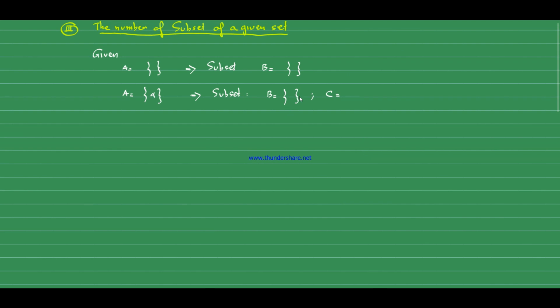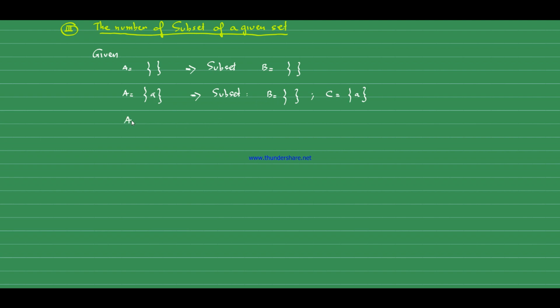We already know that. So we can create another subset which is itself. So you see that if we have the empty set, then we have one subset. If we have a set which contains one element, then we have two subsets.